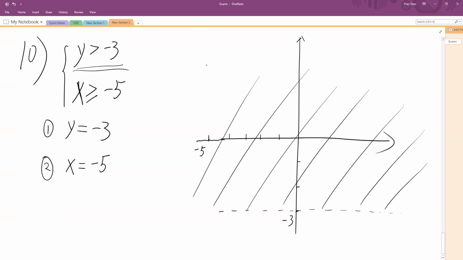Do we draw a solid line or a dashed line? Solid line, because you have the equal sign here. On the left or on the right? Greater than or equal to -5, so on the right.